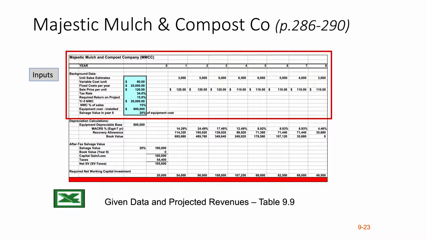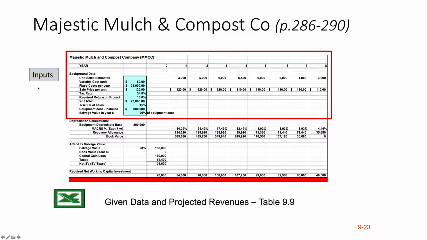it basically gives you the given data. Here is a screenshot of part of the spreadsheet. Now, first let's look at what we usually call the spreadsheet case. The first part is what we call the input part.